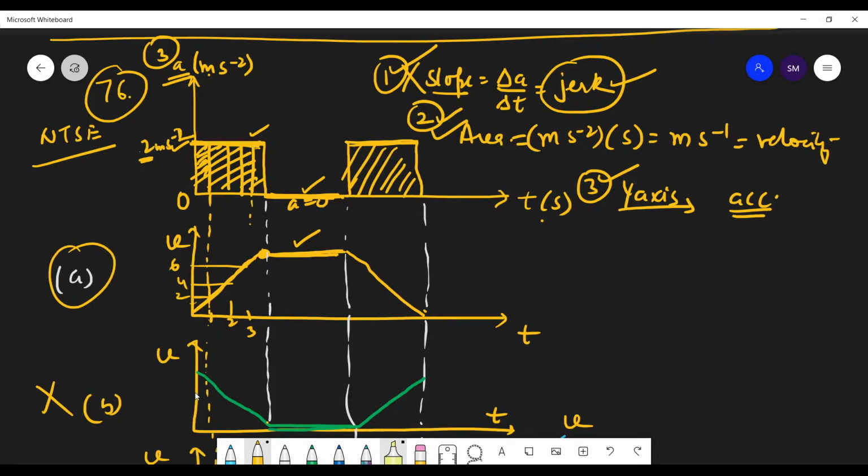But after some time, acceleration becomes 0. So acceleration is 0 means there is no change in velocity. Whatever velocity is gained by the body, it will remain the same. So acceleration 0 means constant velocity.